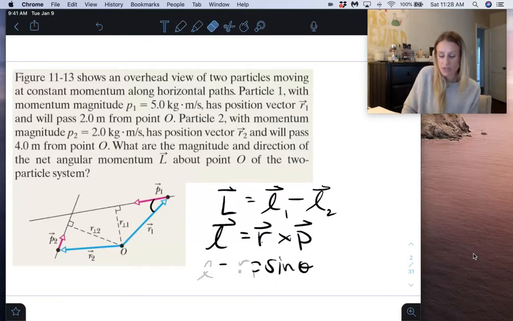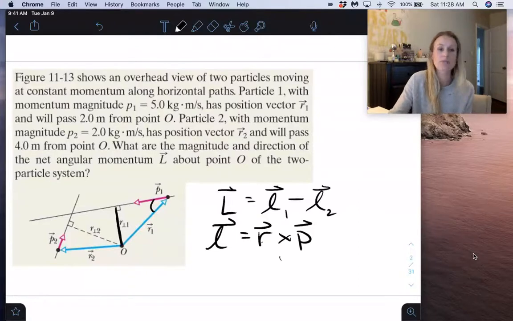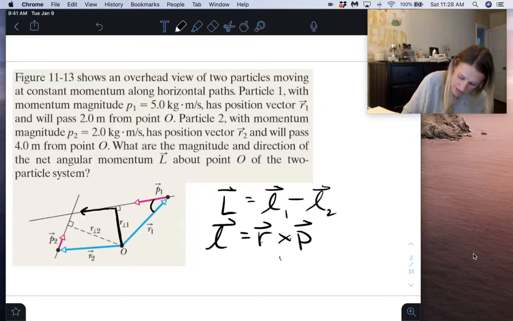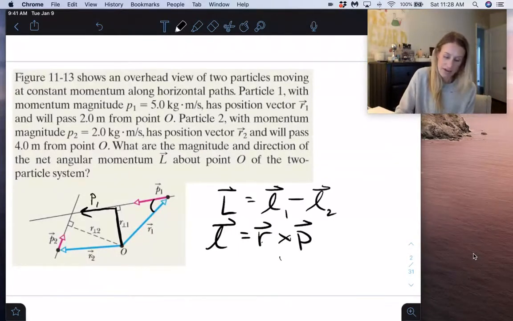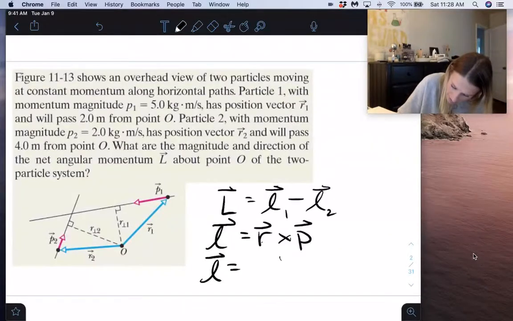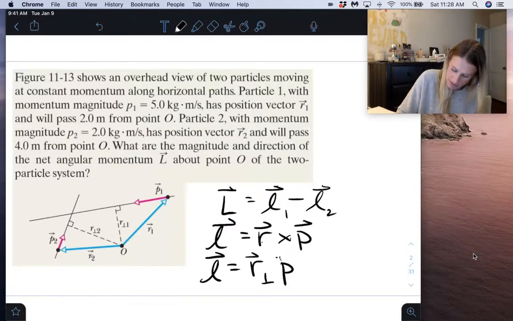But they don't give us that angle here. They're giving us instead this perpendicular vector. So instead of using the sine, we can use the perpendicular vector, and that's going to have the same linear momentum as it goes across this part right here. So we can just multiply those things together because it will be the sine of 90, and that makes our life much simpler. So we end up getting L, our angular momentum, is equal to that perpendicular R vector times just our linear momentum for both.